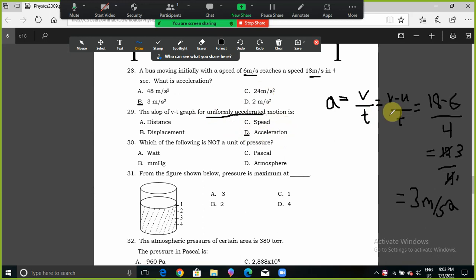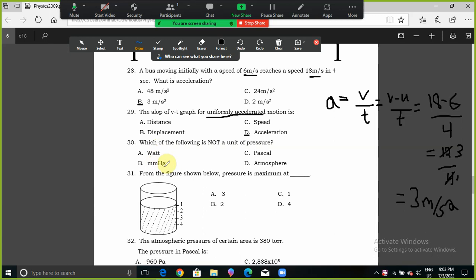Okay, in question number 30, which of the following is not a unit of pressure? Watt, millimeter of mercury, Pascal, or atmosphere? First of all, Pascal is the SI unit of pressure, and atmosphere is a non-SI unit of pressure because it is the atmospheric pressure, right?